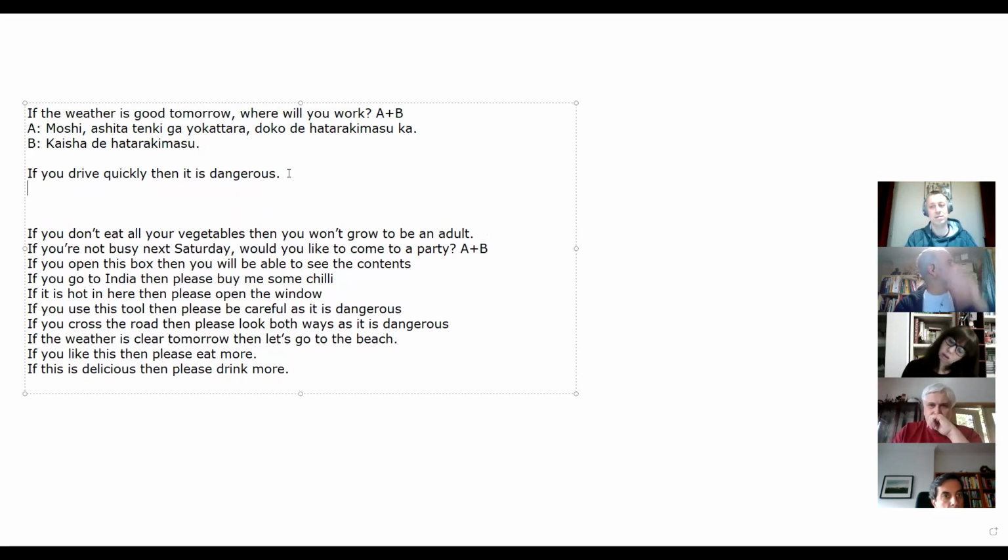If you didn't use it, it would assume that at some point in the future, the person you're talking to is going to drive dangerously. So putting moshi in here isn't really critical. It's not that much of a hypothetical statement. Yeah, I would put it in actually. Otherwise it might suggest that the other person is a bad driver.